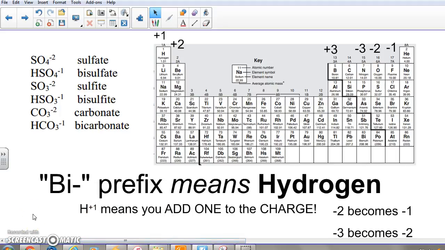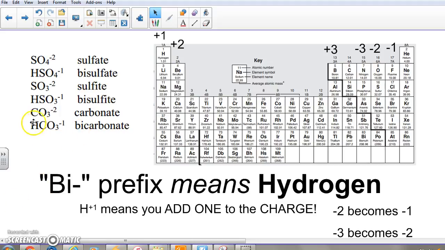So we're going to have to add 1 to the charge, and you've got to be really careful with that because these charges are negative. So -2, when you add 1, doesn't become -3, it becomes -1. It becomes 1 more positive, and -3, should it show up, and it will later, would become a -2 when you slap a bi or a hydrogen in front of it.